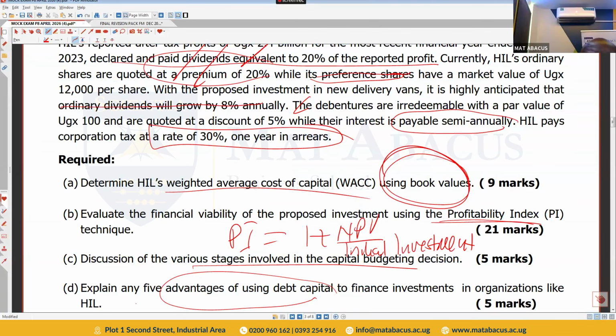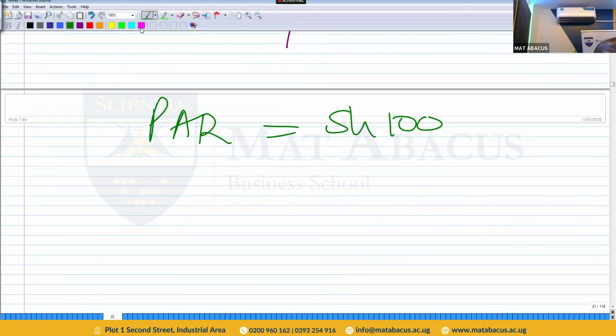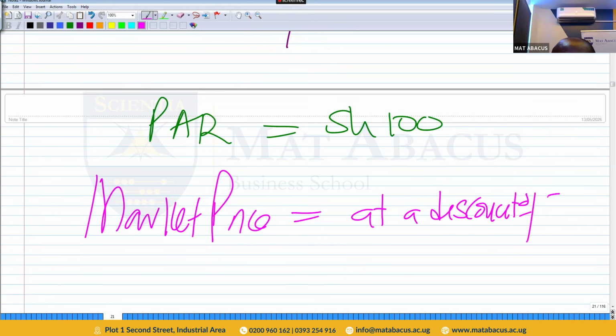Go slow here, but currently quoted at a discount. That means the market price of that debenture, market price of the debenture is at a discount of 5%.